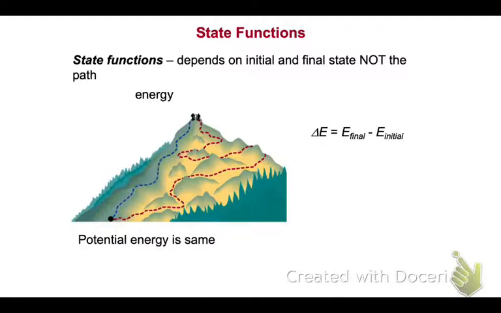So the change in energy, the potential energy acquired due to elevation, will be the final minus initial. And since the final and the initial are the same for both hikers, they both got the exact same amount of energy.